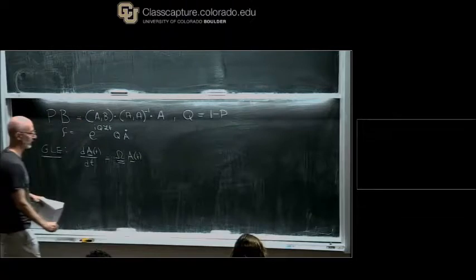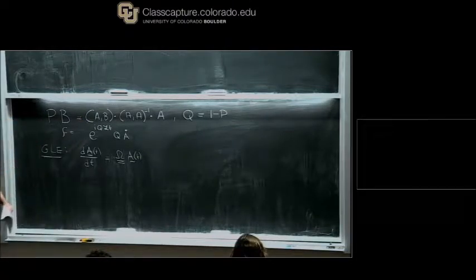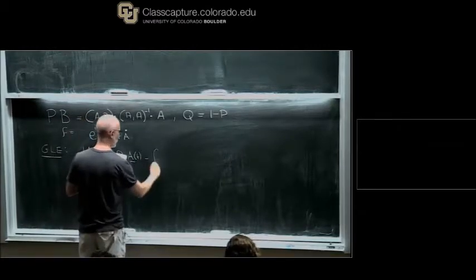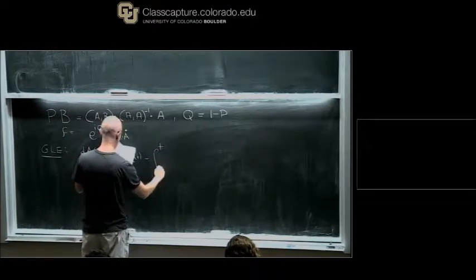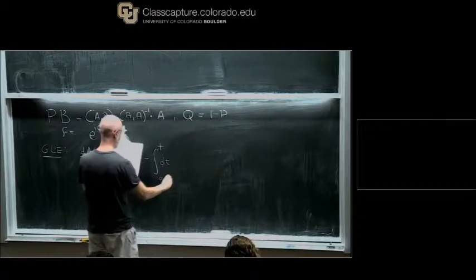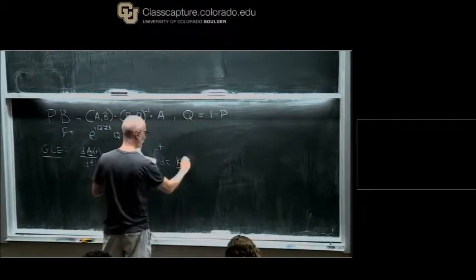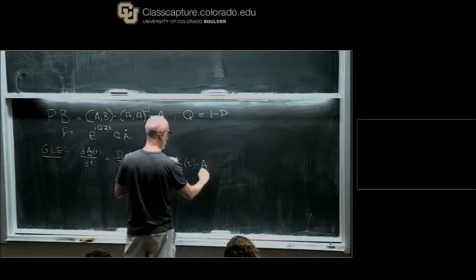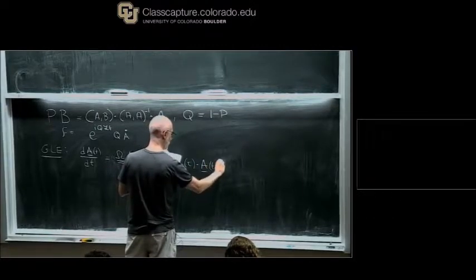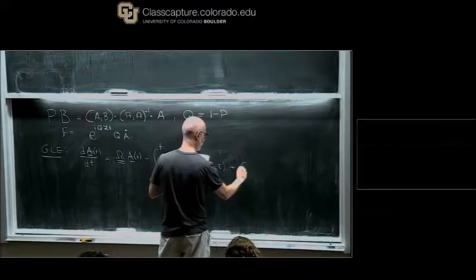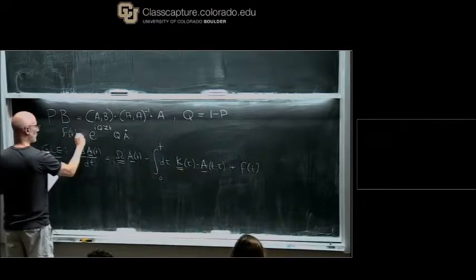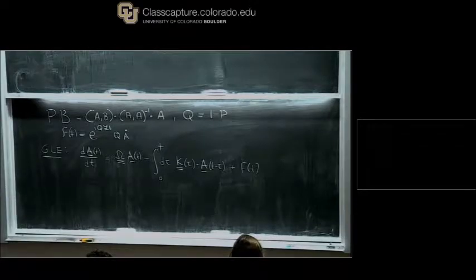So I'll just write it like this, because in the lecture today, A will be a 2-component vector. And then there was a memory term, or a generalized friction term, a memory function, and a fluctuating force, right, which is this. Okay, so that is exact.